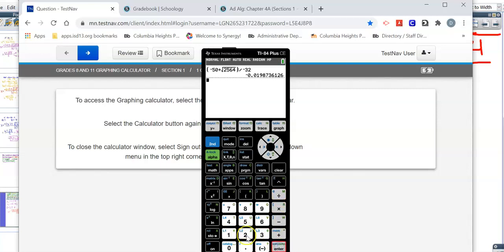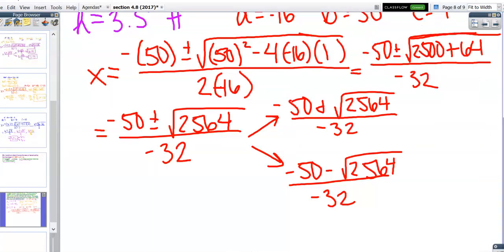And you can hit enter. So the first solution we get is negative 0.02. Because we're talking about time, we can't use this value. It's extraneous. Let's check the second answer.